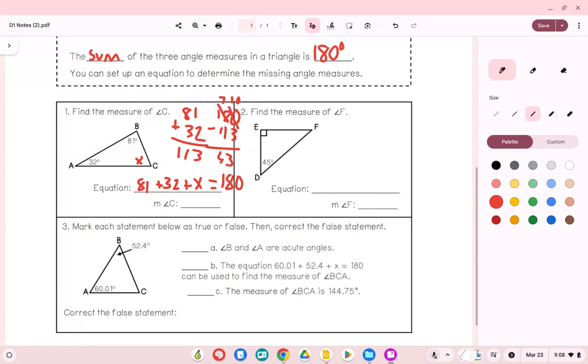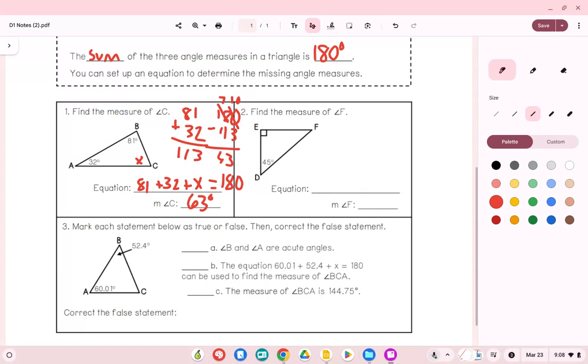And you can always double check your math and just make sure that 32 plus 81 plus 63 equals 180. So then right here where it says M, that just means the measure of angle C. So the measure of angle C is 63 degrees.